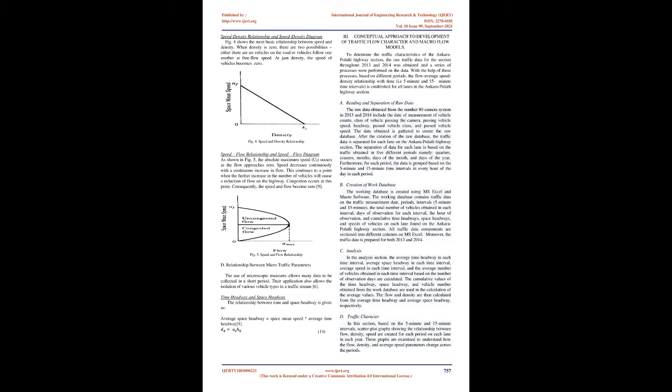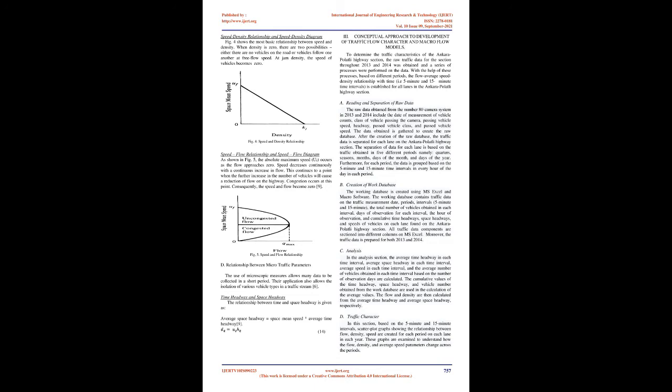For the 2 years, 2013 and 2014, in which traffic data was obtained, the work database contains the details on the date of data measurement, periods, intervals, 5-minute and 15-minute, the total number of vehicles obtained in each interval, days of observation for each interval, hour of observation, and cumulative time headways, space headways, and speeds of vehicles on each lane found on the Ankara-Polatli highway section. Each of these details is presented in 16 different columns for each lane in the work database file.